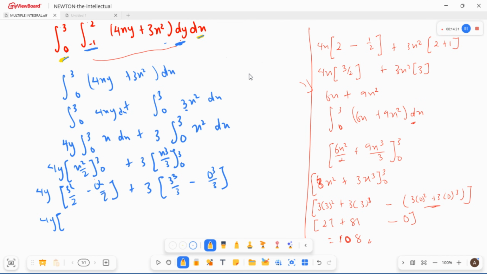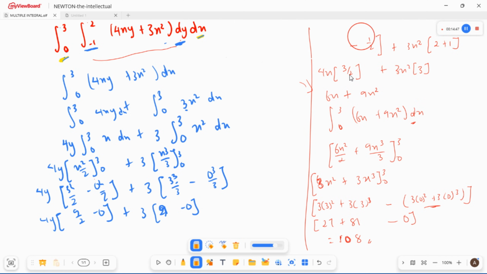So we have 4y, then this is going to give us 9 over 2 minus 0, then plus 3. This gives us 27 over 3, which is 9, so this is 9 minus 0. Let me rub off this place so we can finish solving.